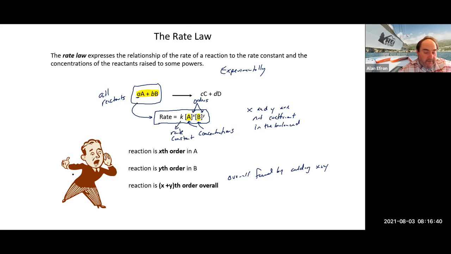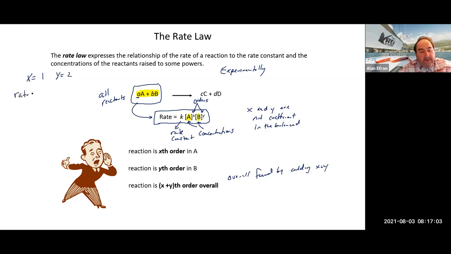So, for example, let's say we calculated the order for A to be 1, and let's say we calculated the order for B to be 2, just making this up. What does that mean? Let's put it into our rate law.